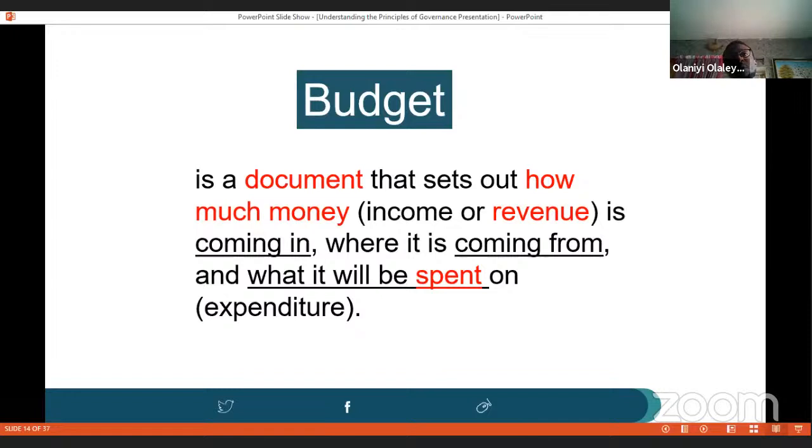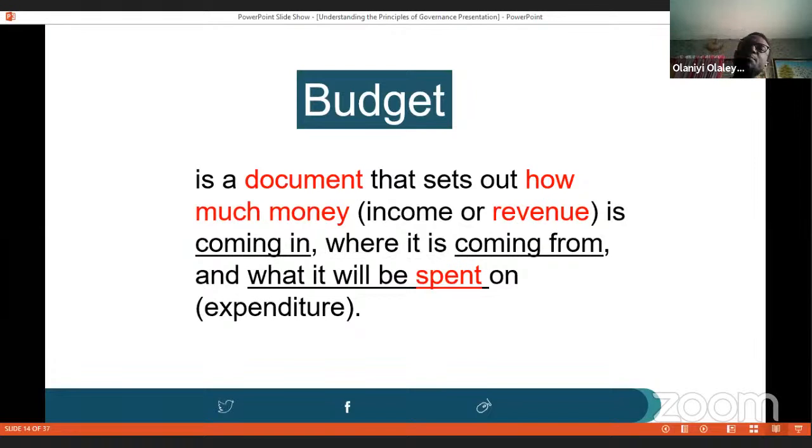So we simplify it by saying, where is the money coming from, and where is the money going to? We have a revenue component where government is getting the money, and the second component, which is the expenditure. So basically, that is what budget means: where government is getting this money from and what government wants to spend this money on.